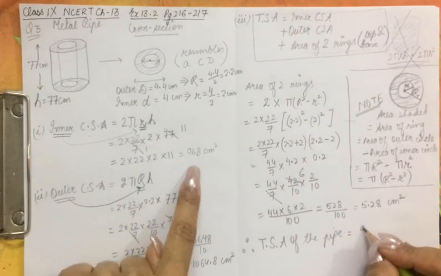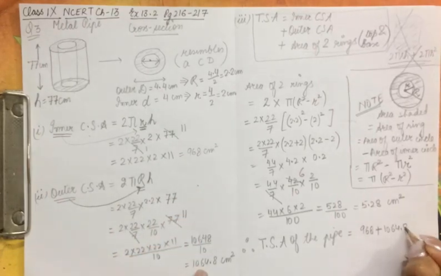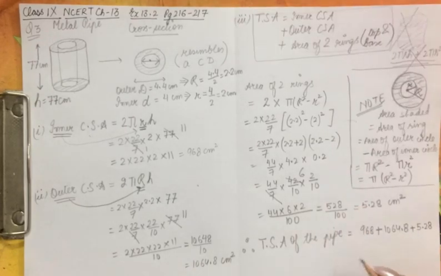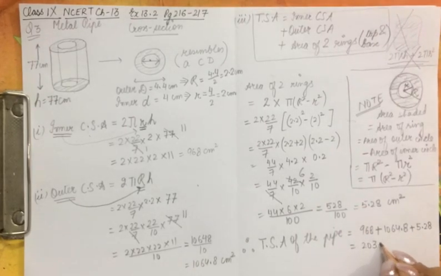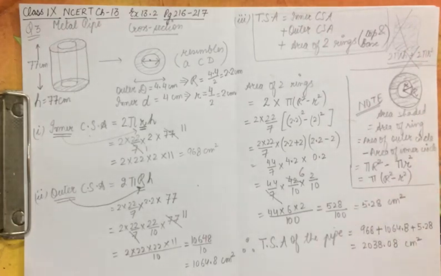I've got 968 from the first part, 1064.8 from the second part, and I just calculated 5.28. Adding these, you will get your answer as 2038.08 centimeter square. So this is the total surface area for a pipe, and this is a very important question.